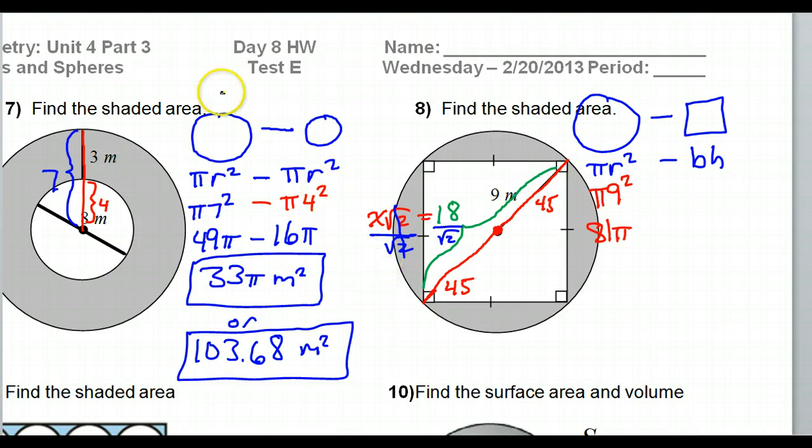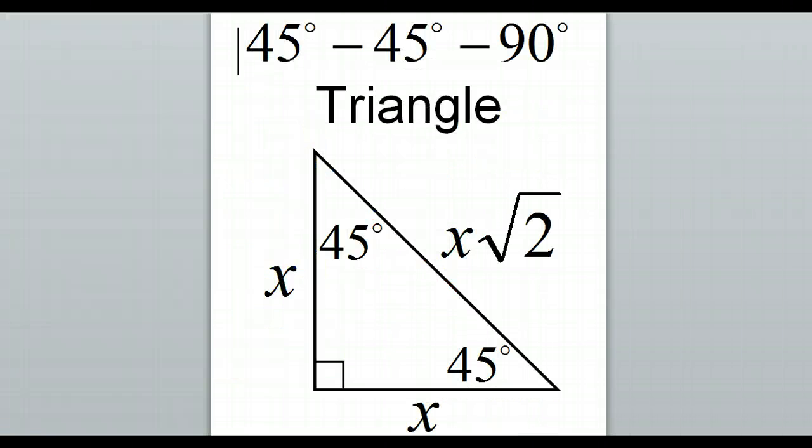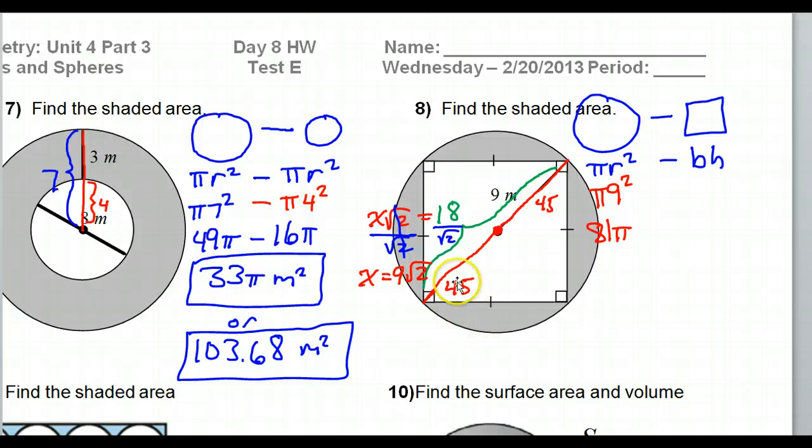Okay, so that tells me that x is 9 radical 2. Now remember, that x I just found, that's the sides of the triangle. So that means that this is 9 radical 2 right here.